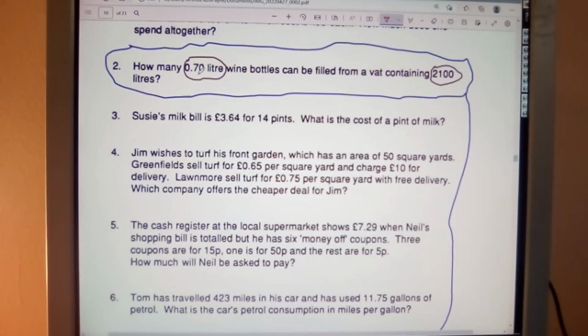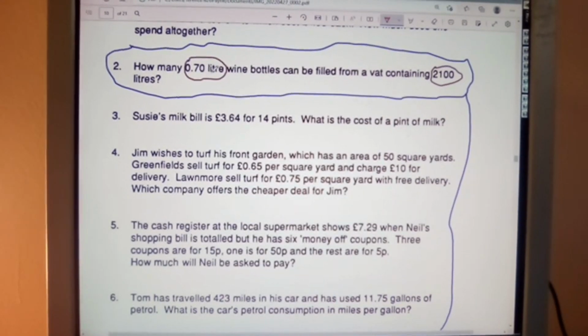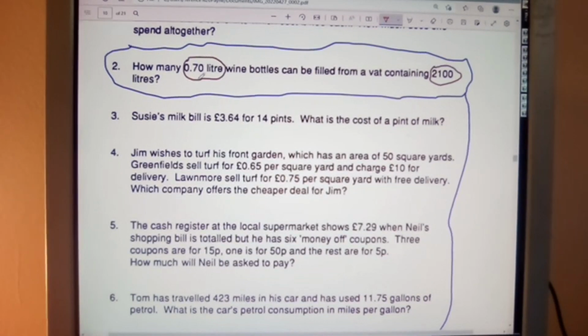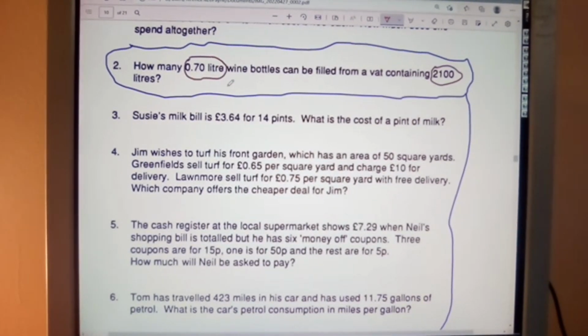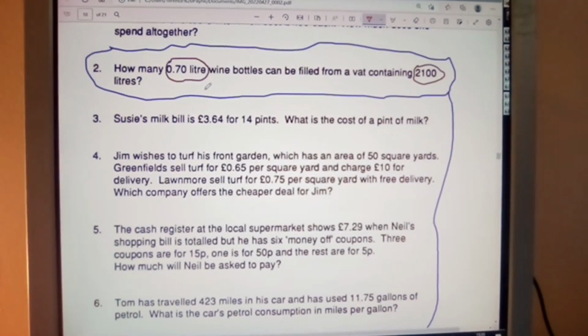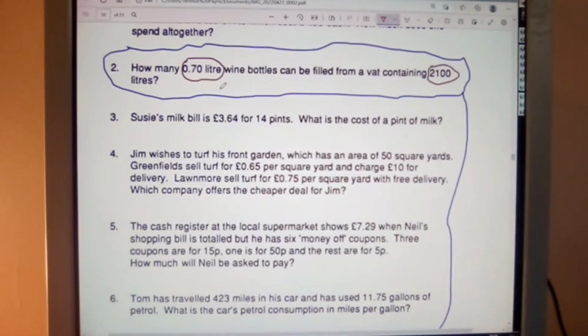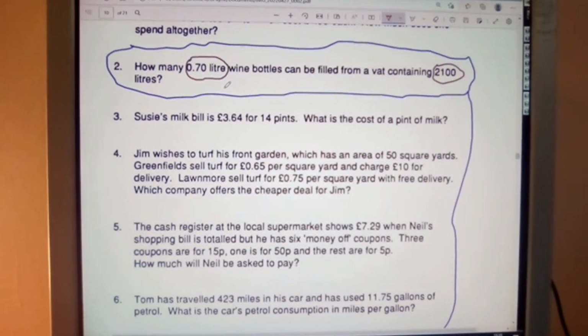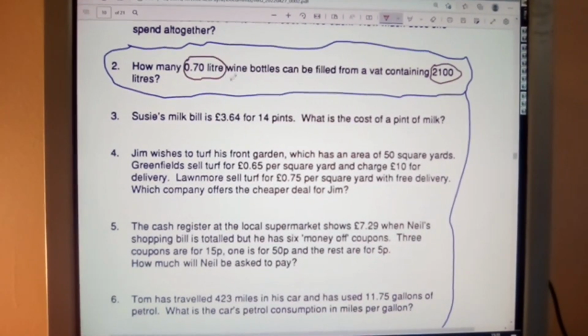It's like having 0.5, 0.6, 0.7 of a liter, but this here is represented by 70 parts over 100. I won't go into that right now, but if you look back at your work, you'll see where it came into play in regards to liters and milliliters.